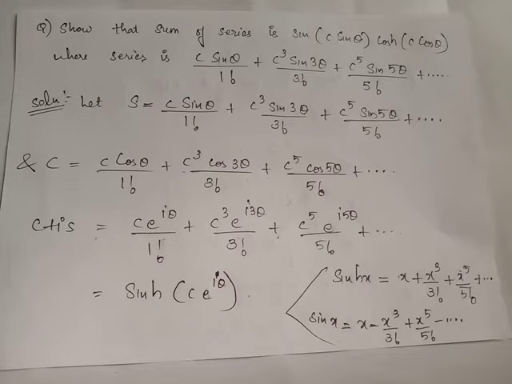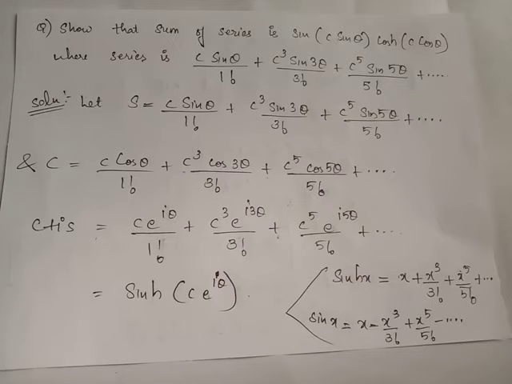Similarly, grouping the third terms, we can replace cos 5 theta plus i sin 5 theta by e raised to i 5 theta. Thus, we obtain C plus iS equals c e raised to i theta by 1 factorial plus c cube e raised to i 3 theta by 3 factorial plus c raised to 5 e raised to i 5 theta by 5 factorial plus etc.